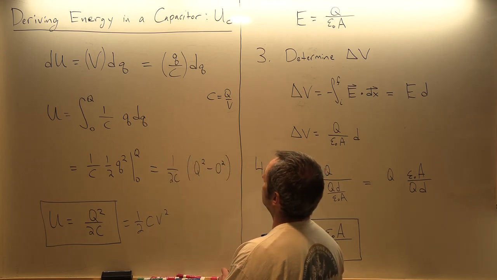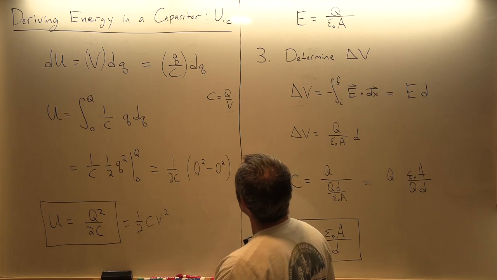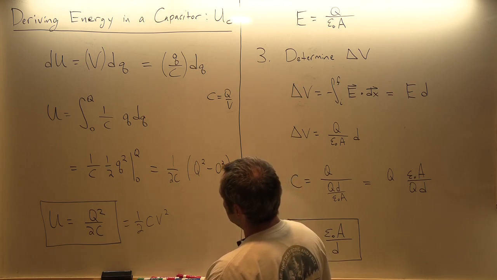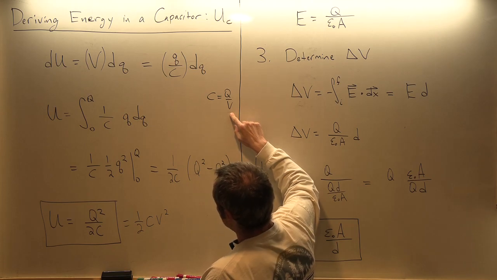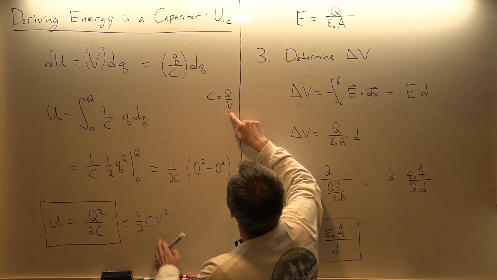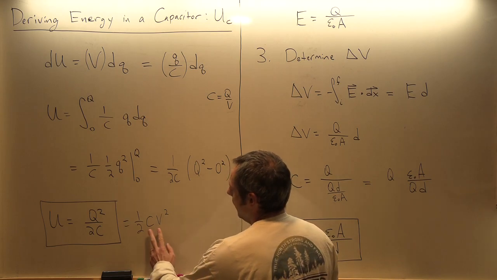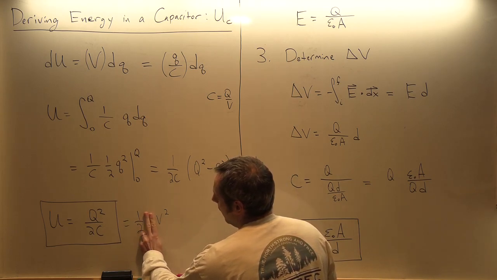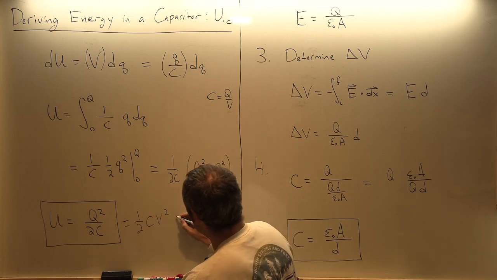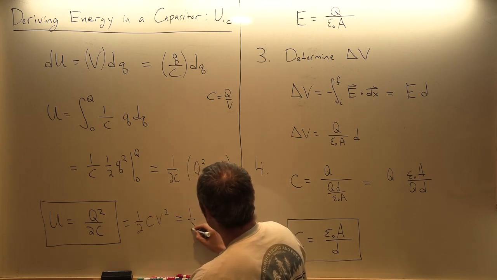Or if I wanted to get rid of the voltage here, the capacitance, C equals Q over V, then if I put Q over V here in for C, then what I'm left with is 1/2 QV.